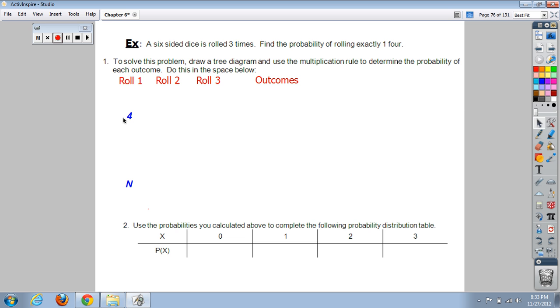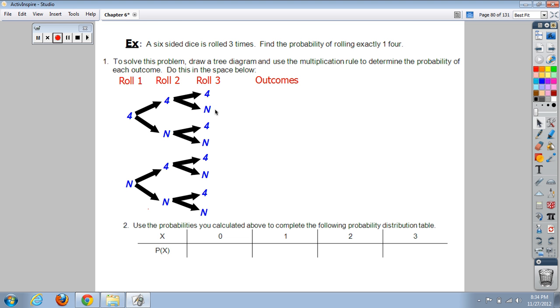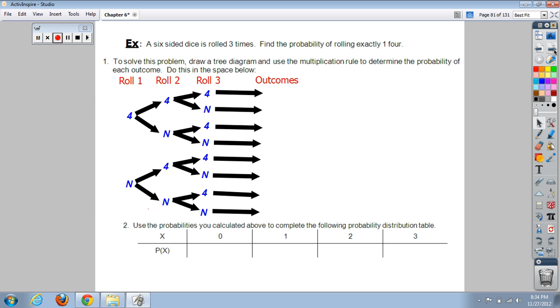So here's where I'm going to say that, and then I'm going to put an N for not a 4. Okay? So for my second roll, I'm either going to roll a 4 or not a 4. And again, for my third roll, I'm going to roll a 4 or I'm not going to roll a 4. So here are all my outcomes. Again, I'm going to follow all the branches of my tree diagram.